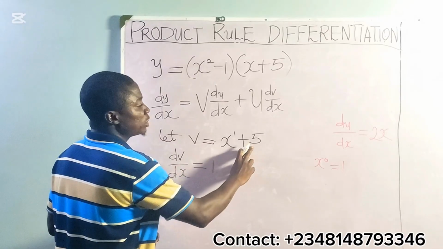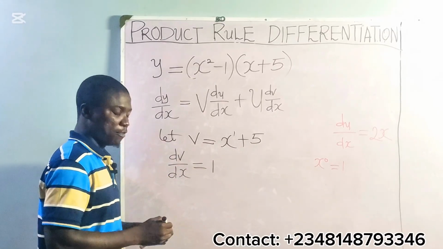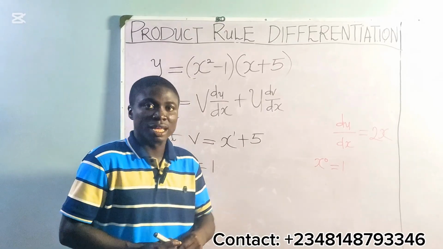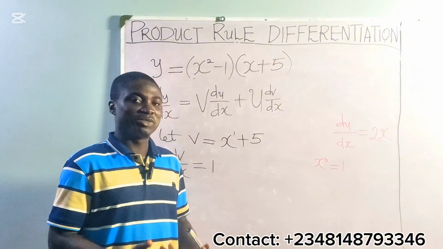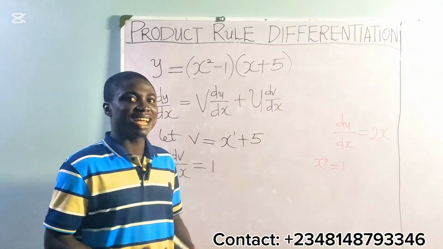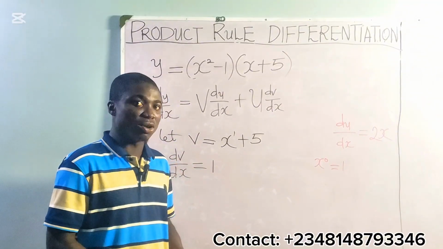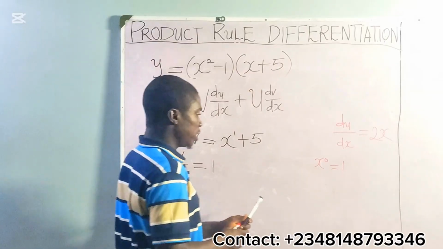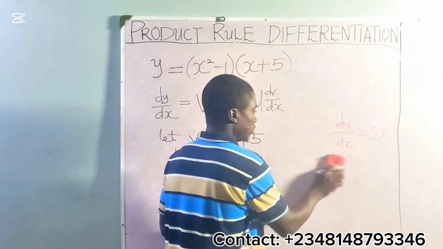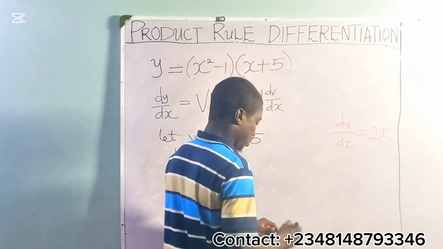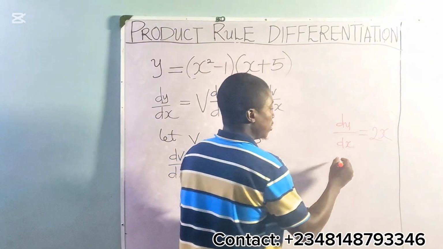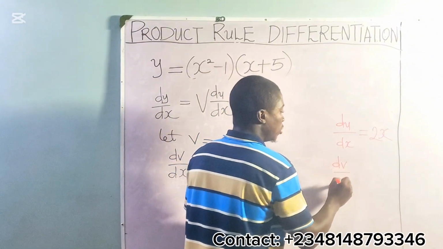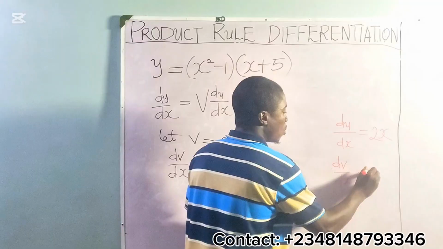And then we have positive 5 here. 5 is a constant. Whenever you are asked to differentiate a constant, it automatically becomes equal to 0. All right, so therefore dv over dx is equal to 1.